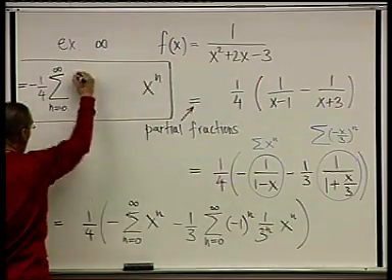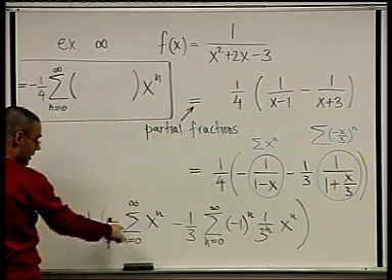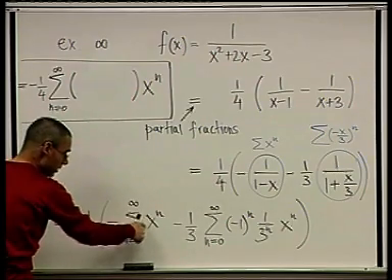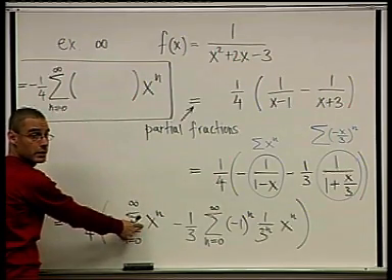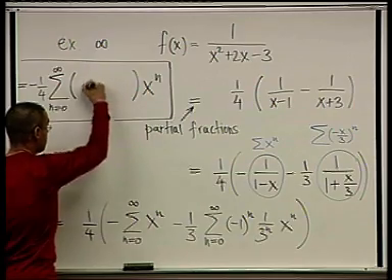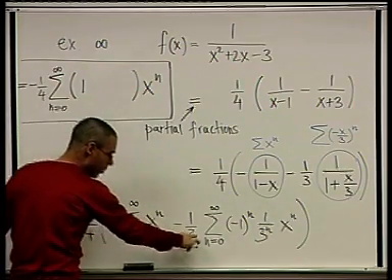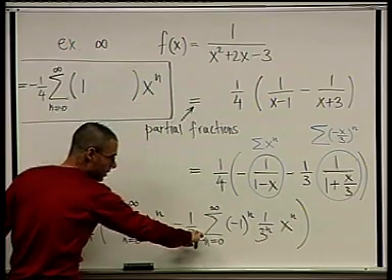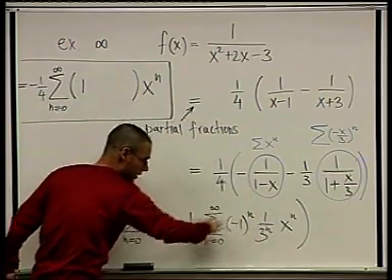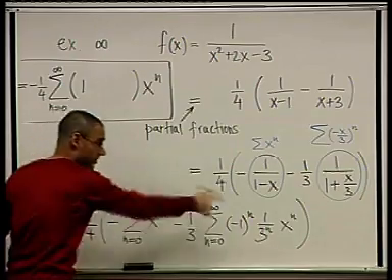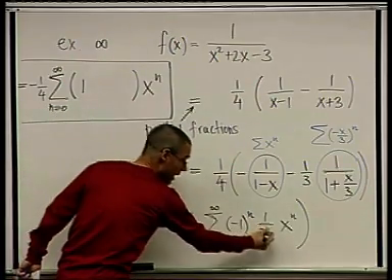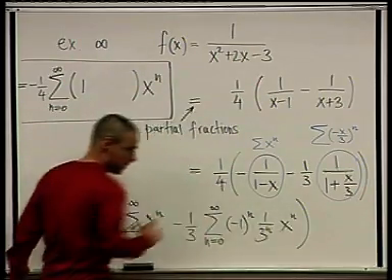And what's the coefficient of x to the n going to be? From here, this contributes a 1. That's the a_n. And this one, let's see. This 1/3, I can throw inside the sigma. That's a constant. I can throw it inside and get an n plus 1 here.